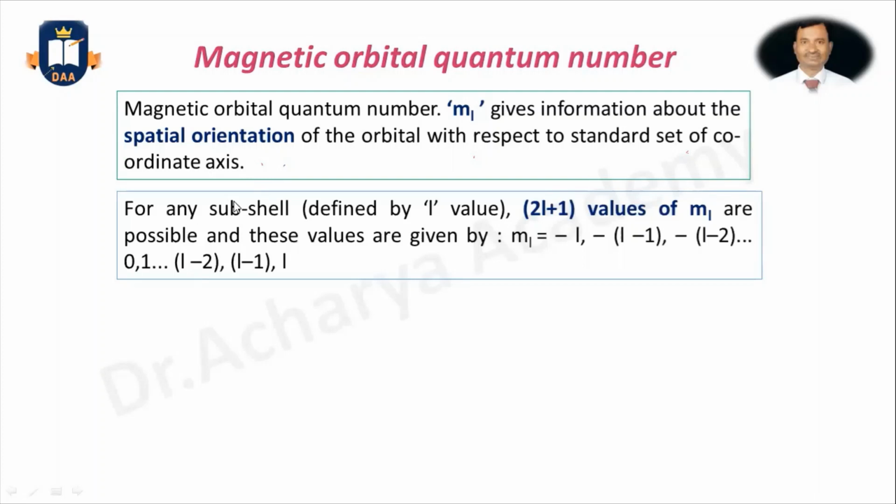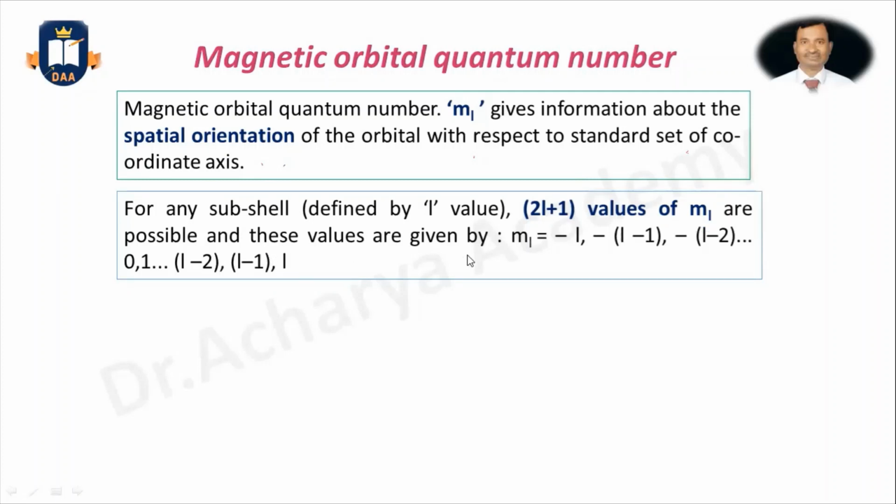For any subshell, where the subshell is defined by the l value, that means the azimuthal quantum number, there are 2l plus 1 possible values of the magnetic orbital quantum number, m subscript l.